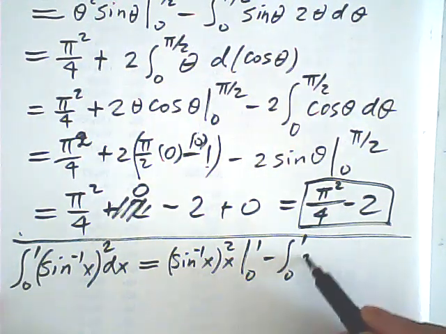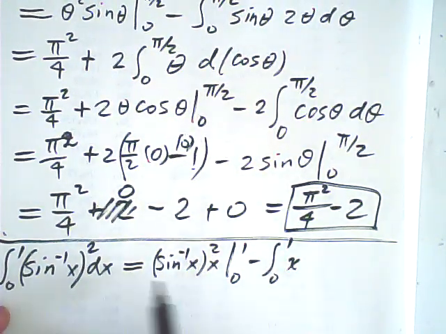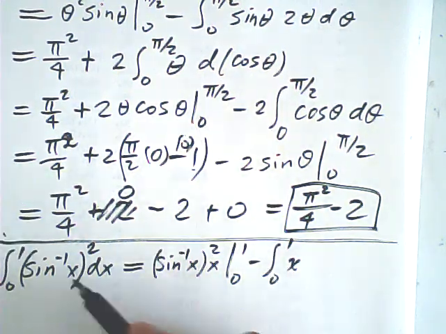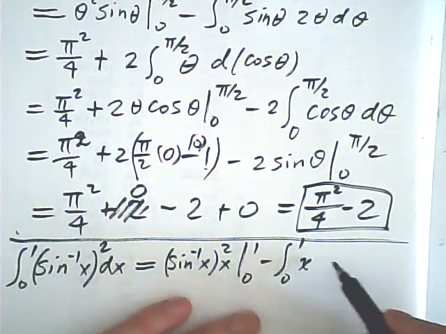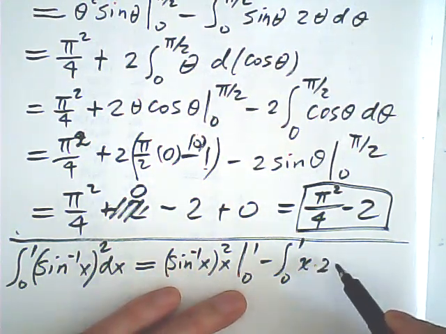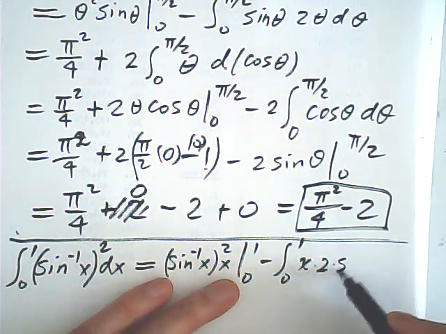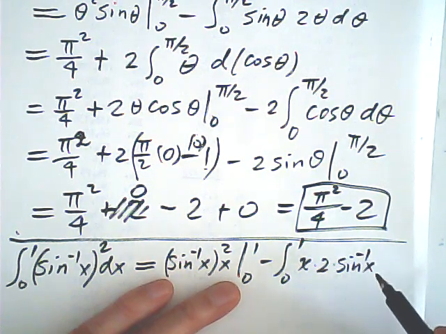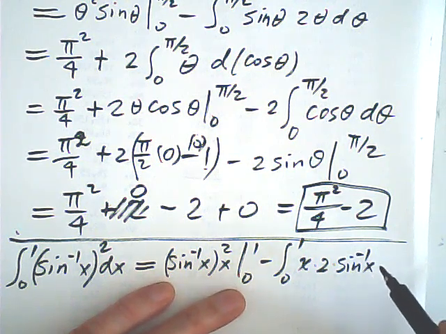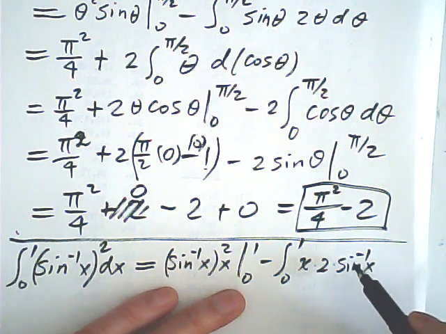v is x, u is arcsine squared, so du becomes 2 arcsine x and d arcsine, right?